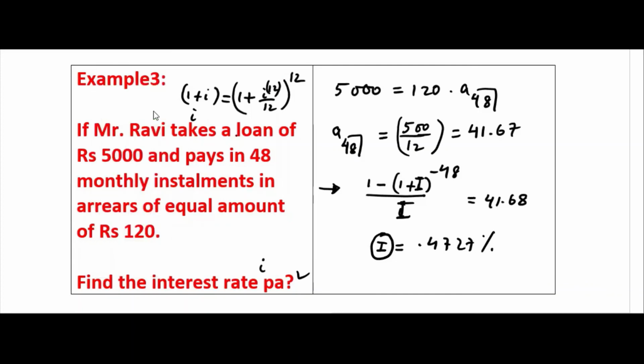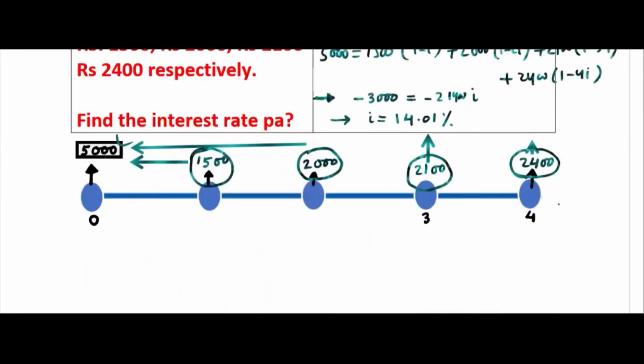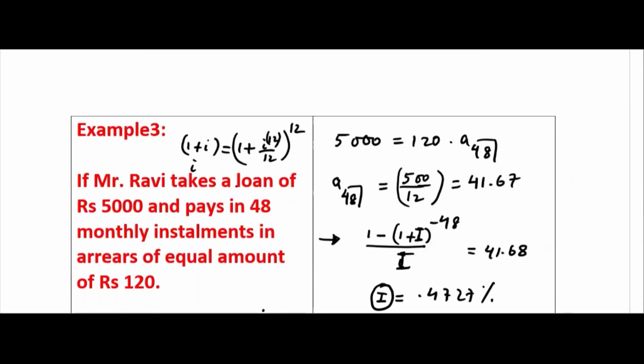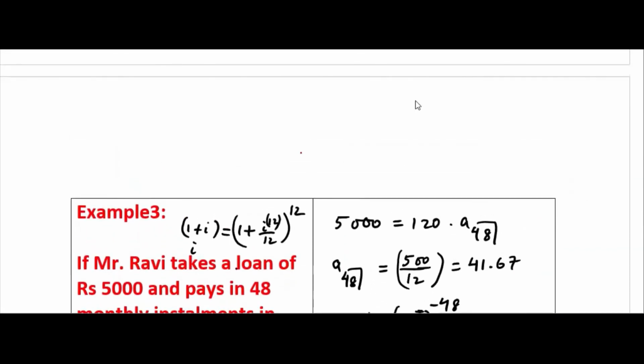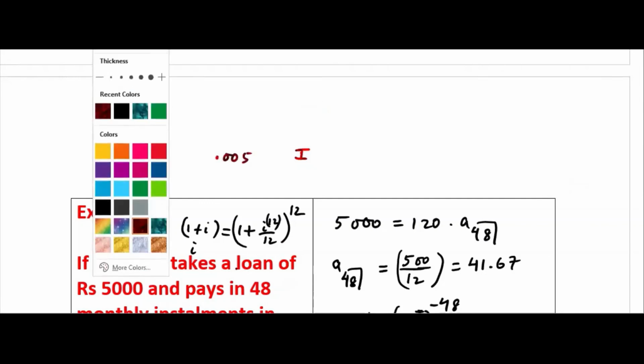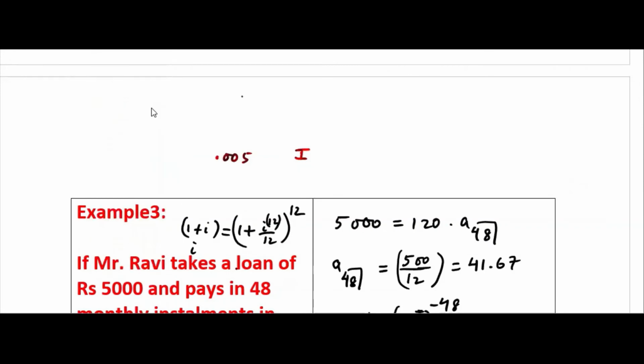At 0.5% I will write capital I, okay, this is what I want. This is 0.5%, let me write here 0.005. At this percent you have to find the value, okay.